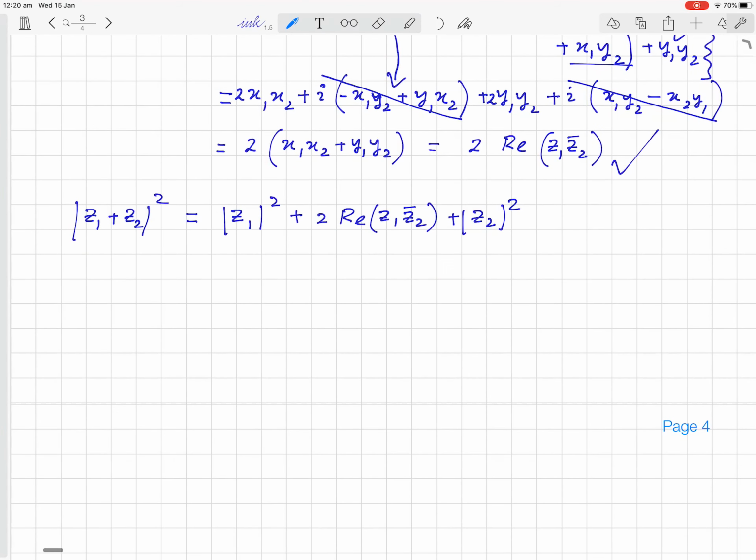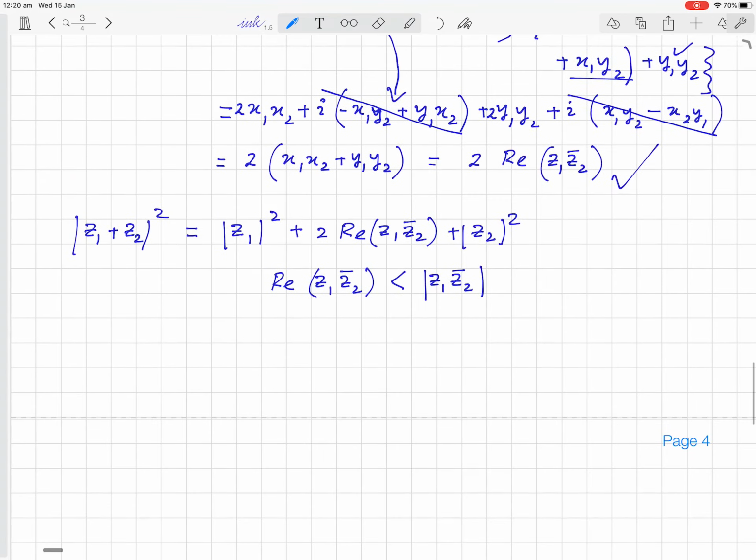Now we know one thing: real z1 z2 conjugate is less than or equal to |z1 z2 conjugate|.